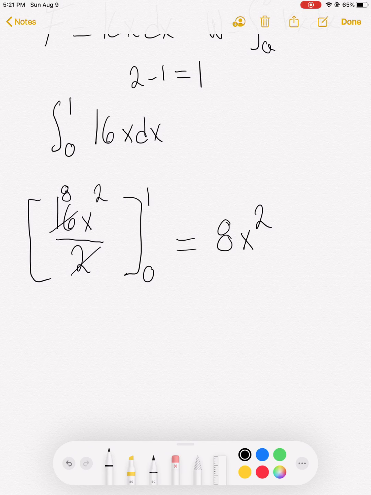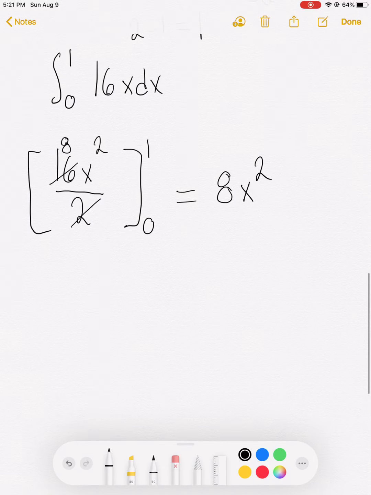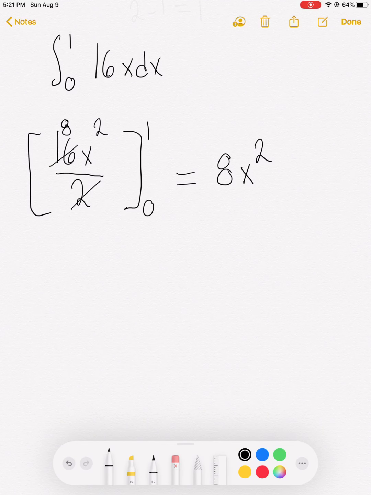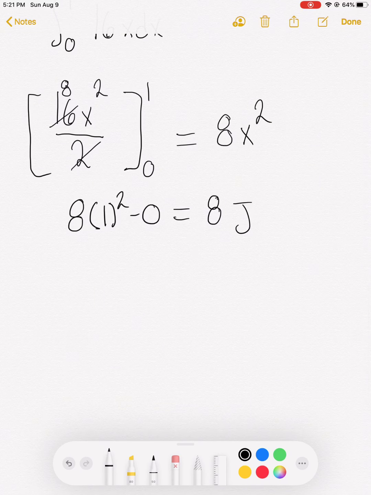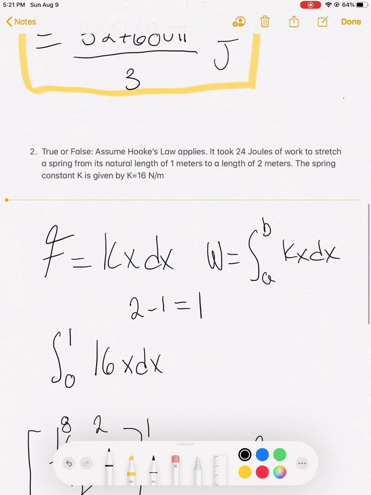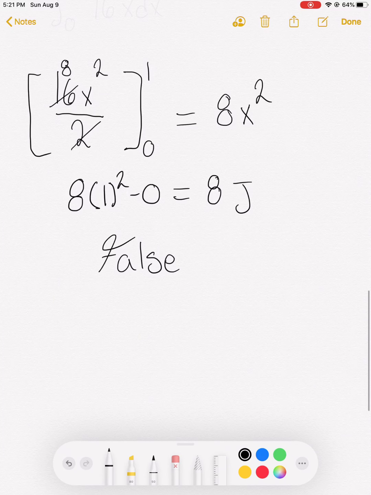And now we can plug in our bounds. Anything times 0 will always be 0, so it is simply 8 times 1 squared minus 0. And 1 times anything is just itself, so it equals 8 joules. This would mean that the question is false. And it is not 24 joules as previously stated up here, but 8.